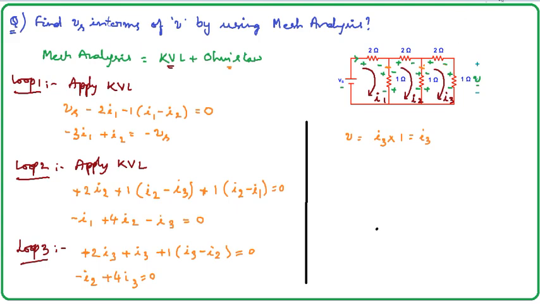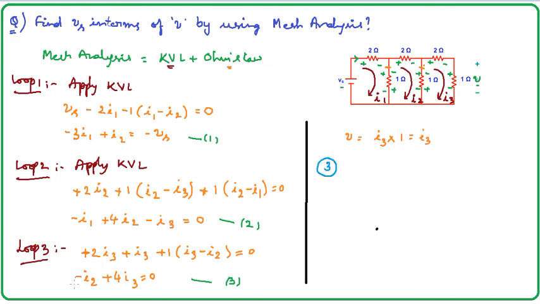Now I will give you some numbers here. So let me consider this as equation 1, this is the second equation, and this is the third equation, for example. Now try to solve this. Now I3 equal to V, very simple. Now I want to substitute the same thing in equation 3.